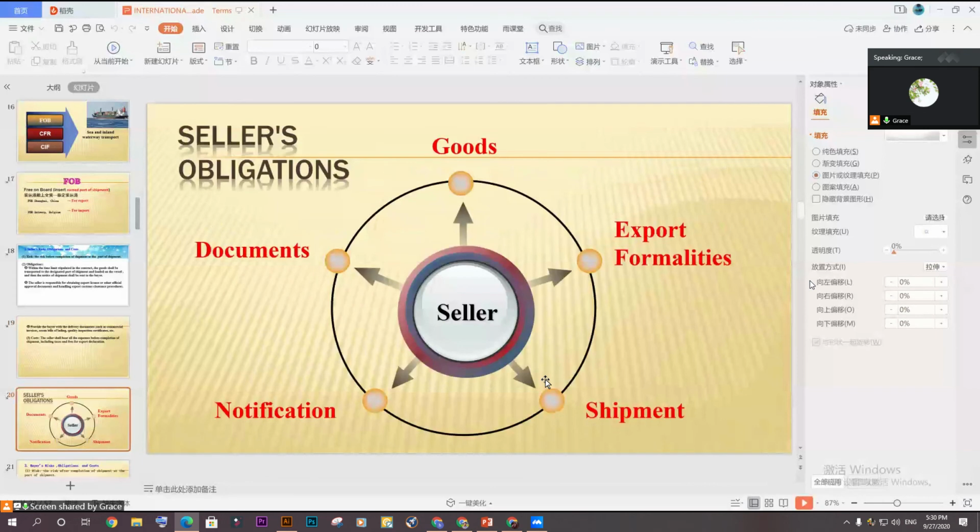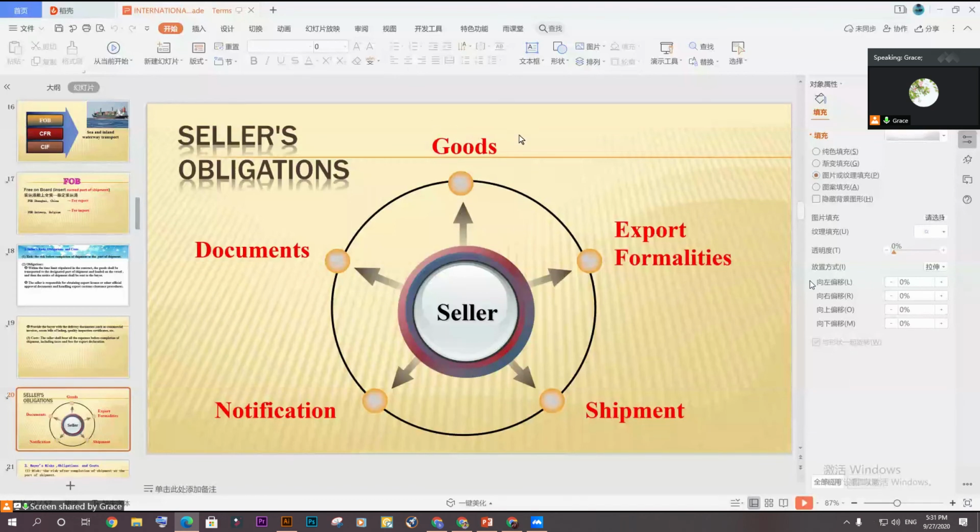So there is a picture for you to remember the seller's obligations, risks, and costs. We use some words to give you some information about this.